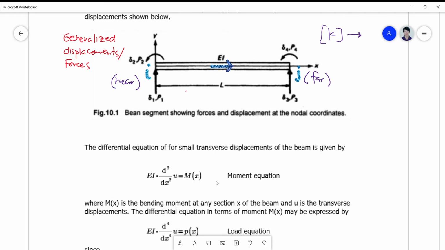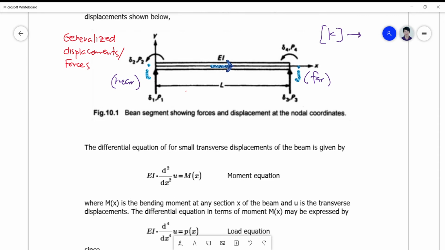So this is actually your Euler-Bernoulli beam equation, which we have used so many times in our strength of materials and the theory of structures.